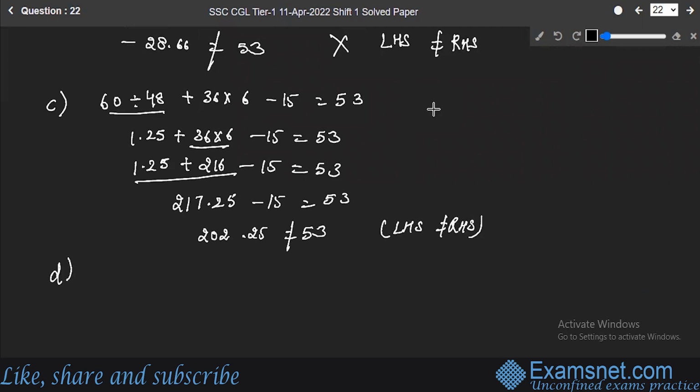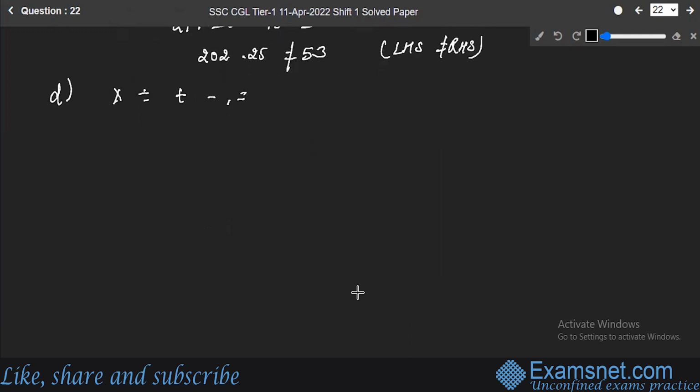Let's do the last one, D. Here the sequence is multiply, divide, plus, minus, and equal to. Right? Let's fill in. So this will make 60 multiplied by 48 divided by 36 plus 6 minus 15 is equal to 53. This gives you 60 because we'll be doing the division first.